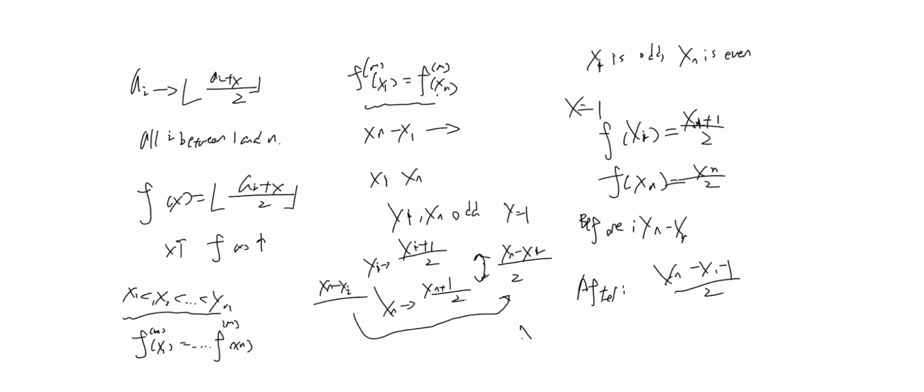So xn minus x1 will be changed to the floor of (xn minus x1) divided by 2. We can have a proof that no matter how we choose x, the difference will be divided by half in the best case. So we can't make the difference smaller.